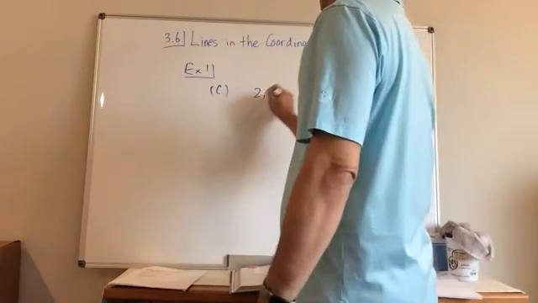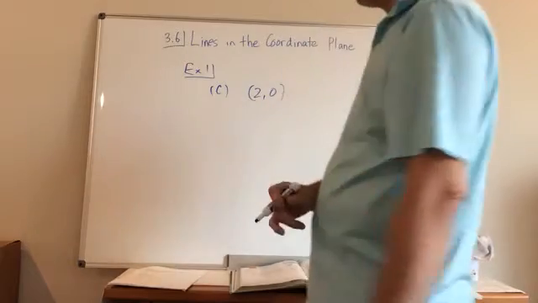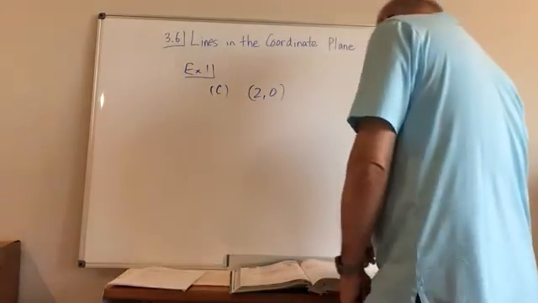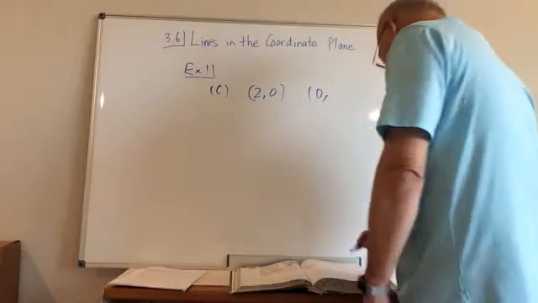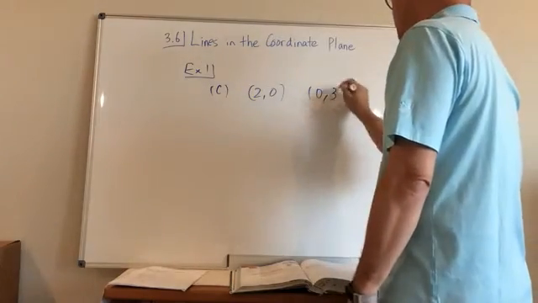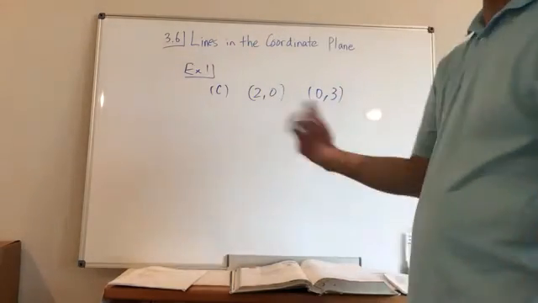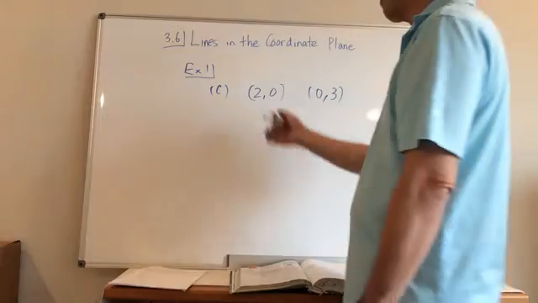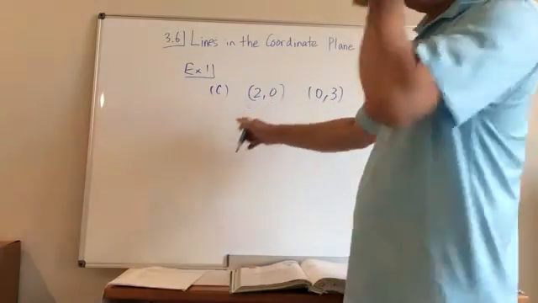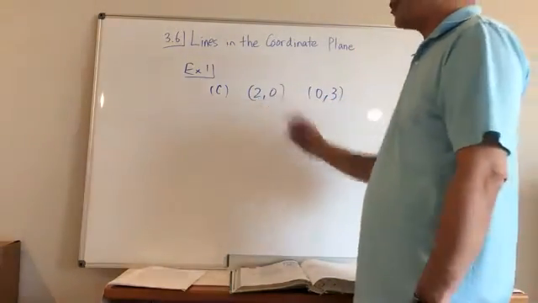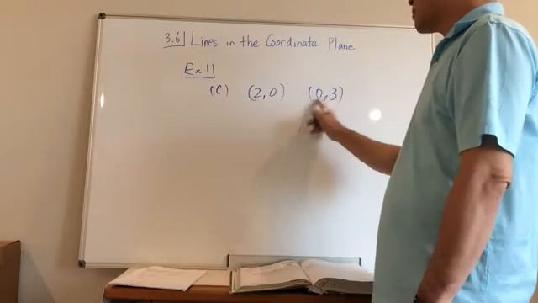So that is (2, 0). And then the y-intercept happens when x is equal to 0. So it's (0, 3). Okay, so this is the hard part of this question, is realizing the x-intercept is actually (2, 0). The y-intercept is (0, 3).